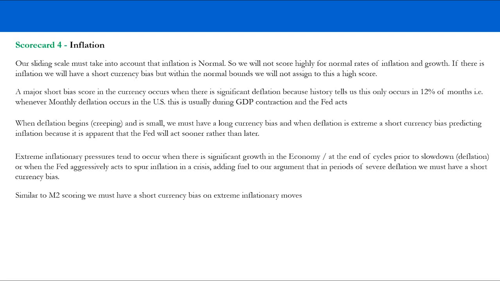This overall again adds fuel to our argument that in periods of severe deflation, we have to have a short currency bias in order to predict the inflationary move. Similar to M2 and also the CPI, including food and energy, we have to have a short currency bias on the extreme inflationary moves. Okay, so let's have a look at this pictorially again.